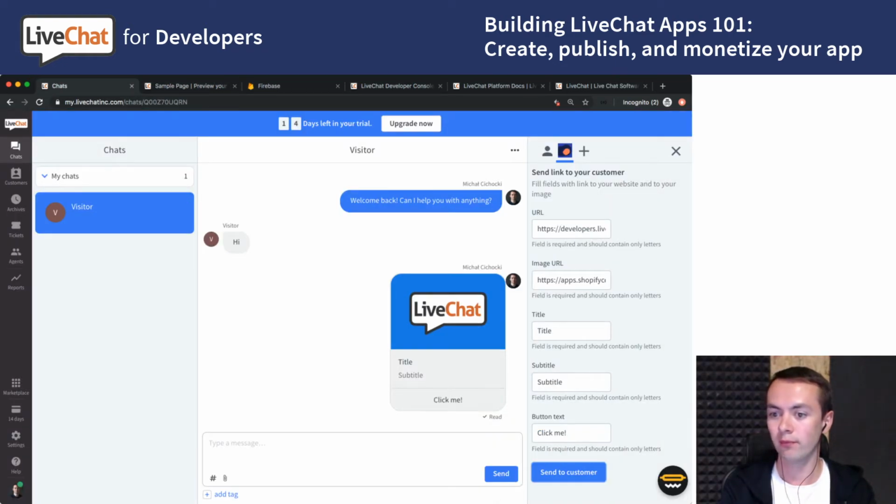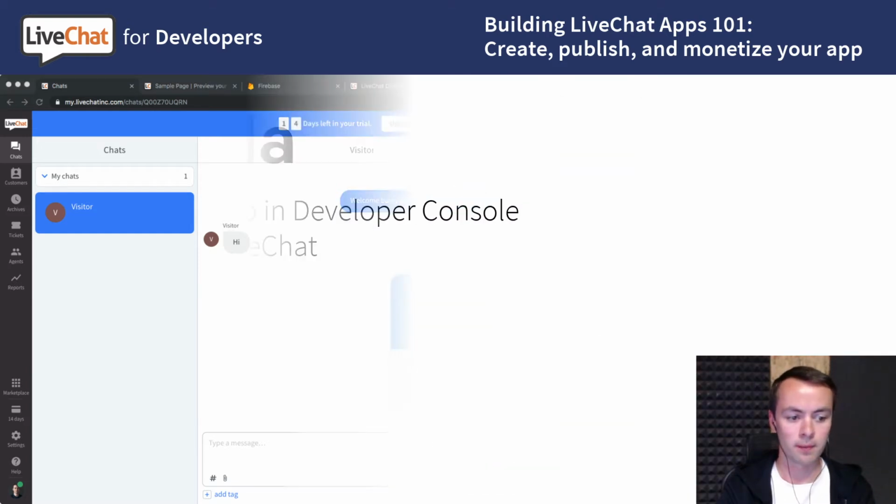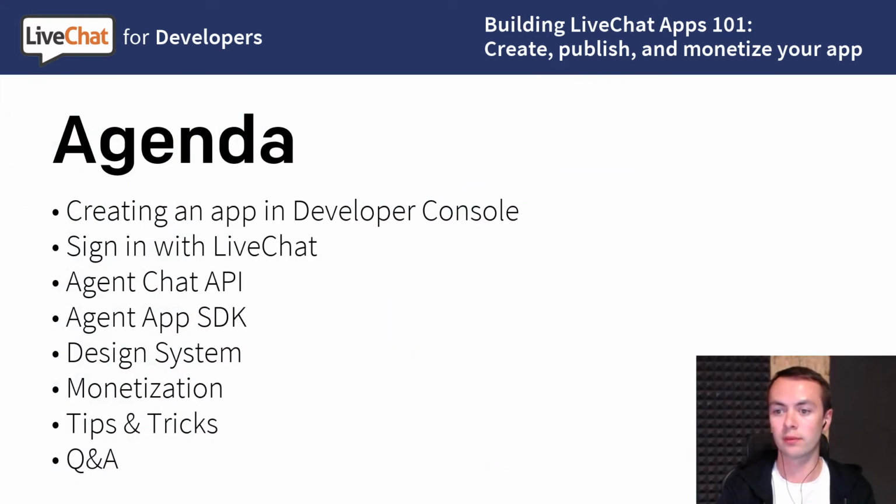So let's start with the general agenda of today's webinar. We will start with creating an app in the developer console. Then we will go to our documentation, and I will explain how to use sign-in with LiveChat, Agent Chat API, and Agent App SDK.